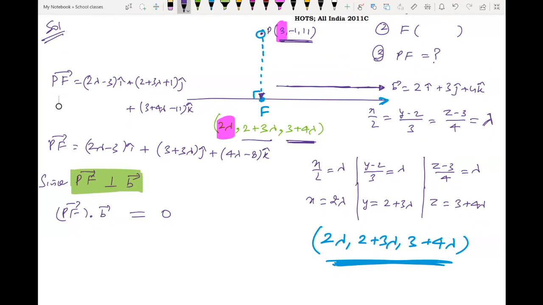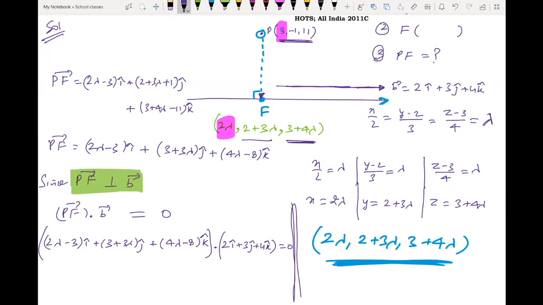Now what to do? Just write here the PF vector, 2 lambda minus 3 i cap plus 3 plus 3 lambda j cap plus 4 lambda minus 8 k cap, dot the B vector, which is 2i plus 3j plus 4k, is equal to 0.